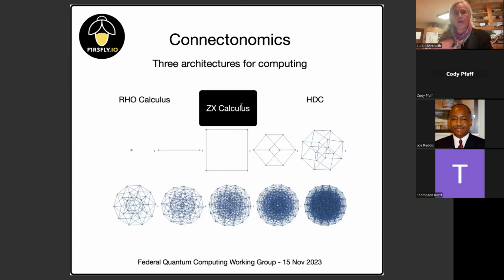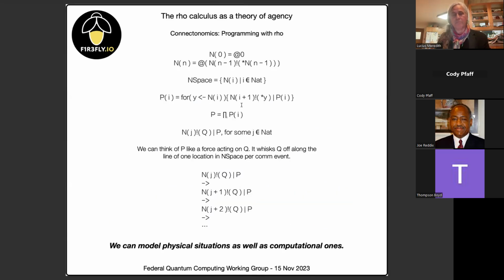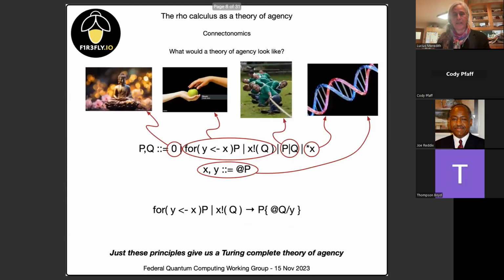Now I'm going to switch gears and talk about the ZX calculus. But before I do that, I want to point out that the big trick here, in terms of our theme, is connections.